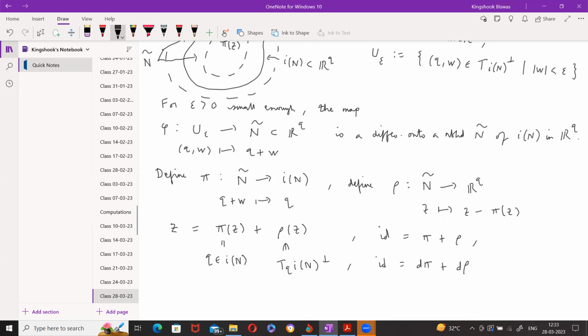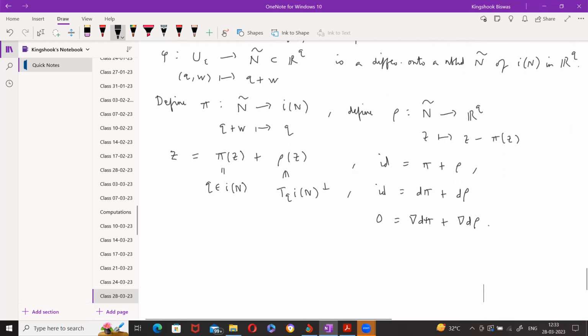And if I take second derivatives, the second fundamental form of the identity is 0, from R^q to R^q, because it maps geodesics in R^q to geodesics in R^q. Geodesics in R^q are just straight lines. Straight lines go to straight lines under the identity. So the second fundamental form of the identity is 0. That implies that 0 is equal to nabla d pi plus nabla d rho, right? So we'll use these formulas later.